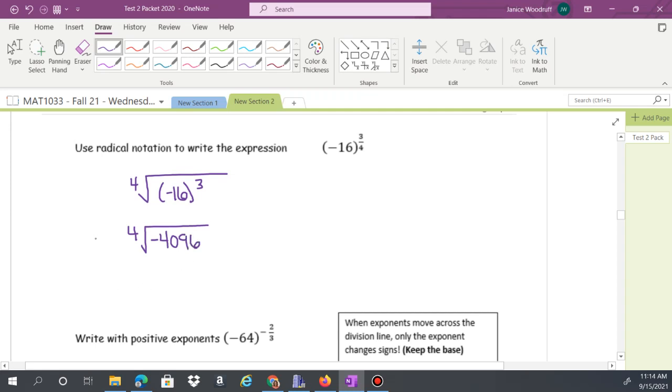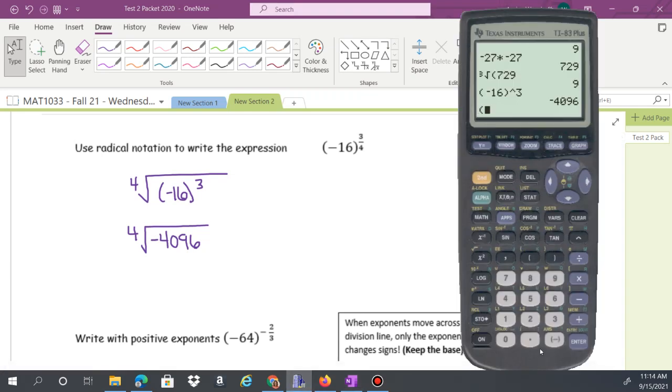And now this one, I think this will give us a domain error because you can't take an even root with a negative number there. So, I think if we put this in the calculator, just as is, it should give us an error there. So we might just leave it. Yeah, so it gives you that. So let's just leave it as the fourth root of negative 4,096 for that.